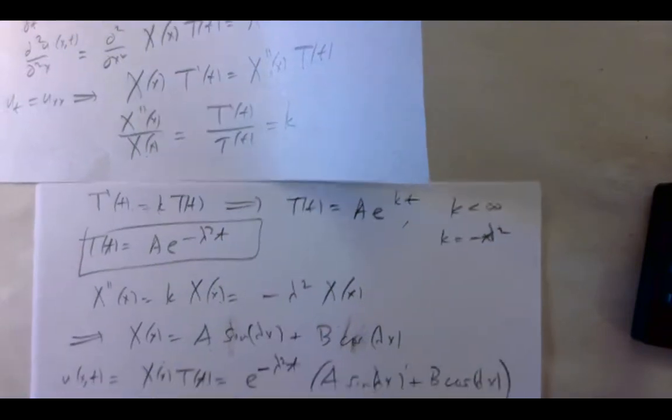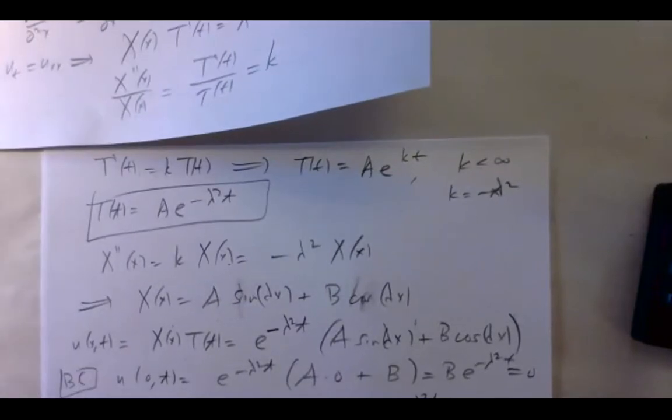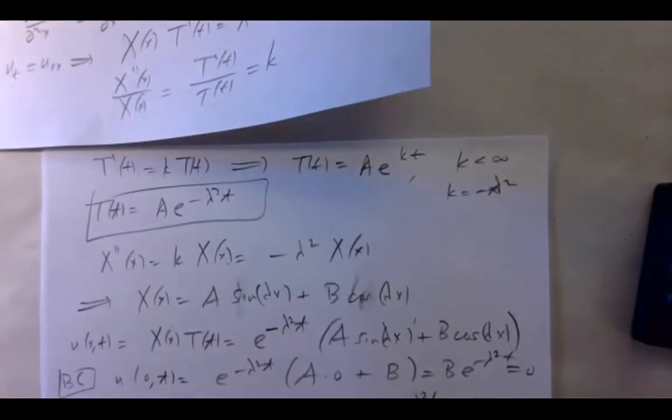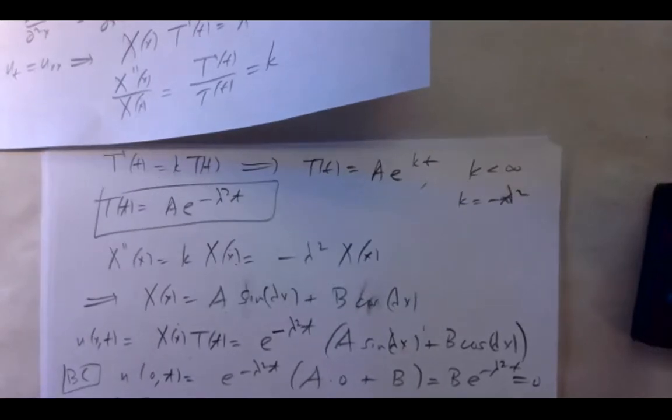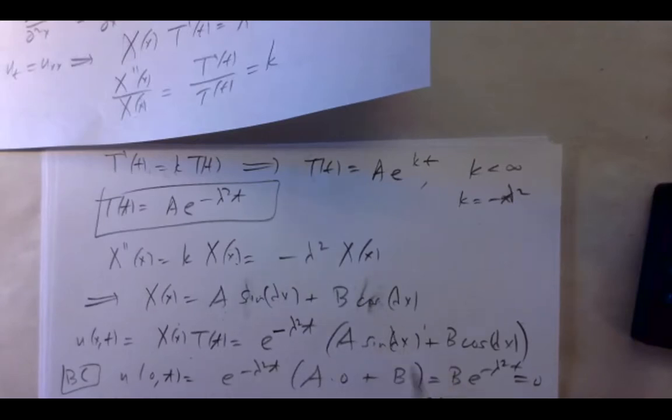And if we look at the initial condition, u of x comma 0 is A. When t is 0, this is 1. Oops. Let's see. Here I said x equals 0.